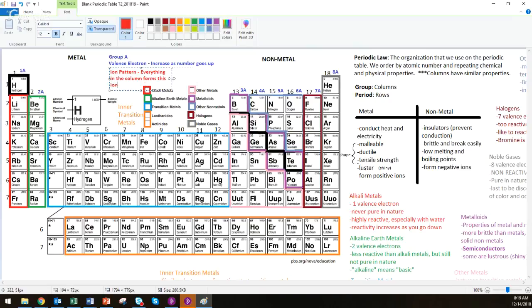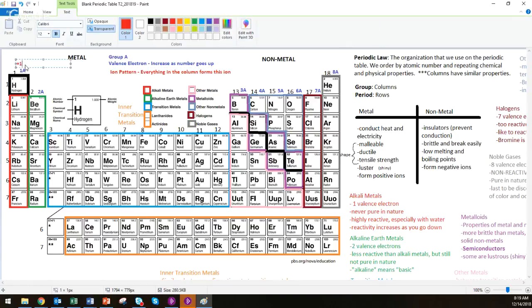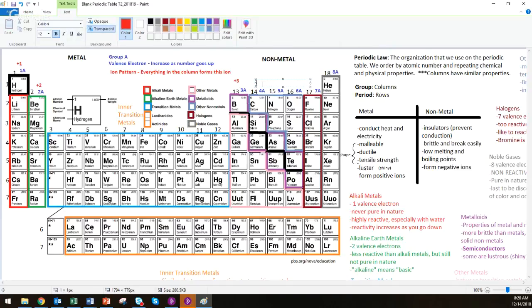We're just going to write the charge up top. This is super, super, super important. This is one of the main reasons why I want you guys to make your own periodic table, something that you're going to keep handy, because we're going to use this pattern for the rest of the class.